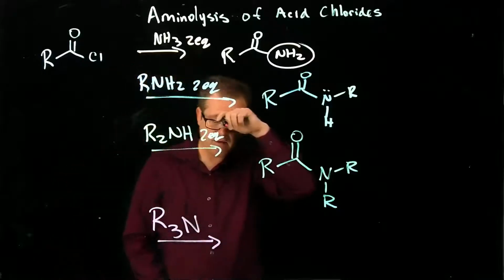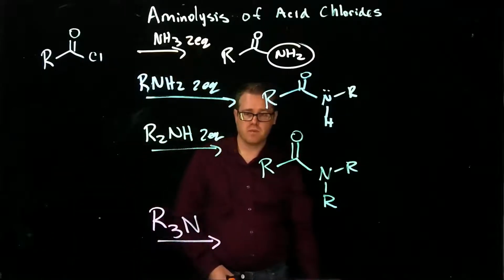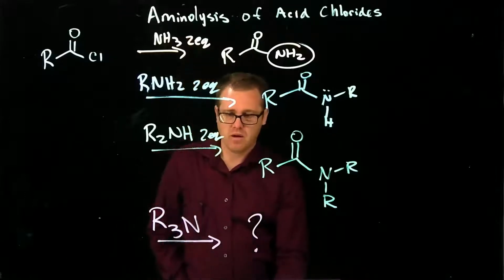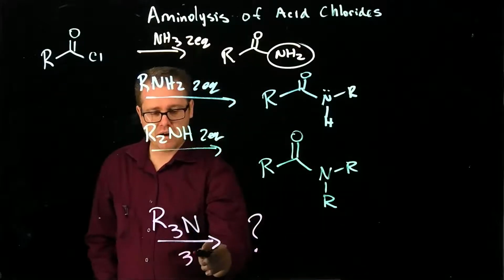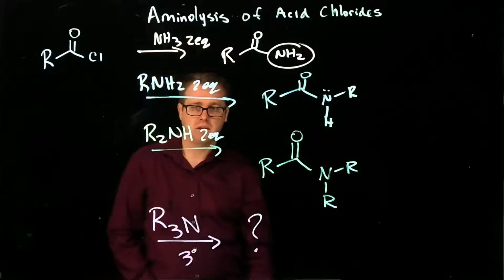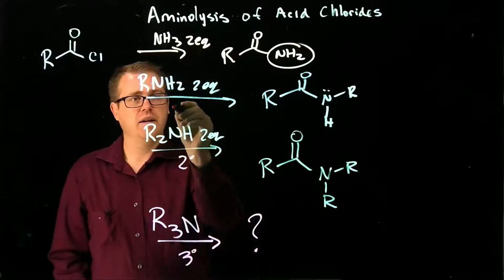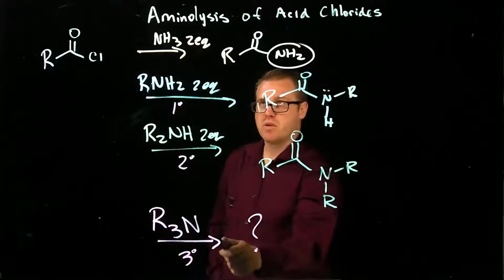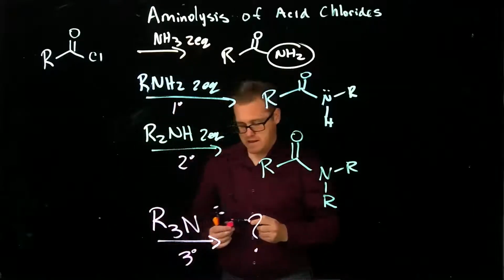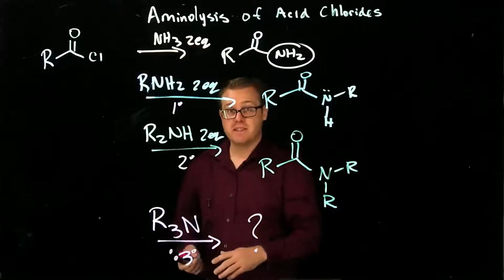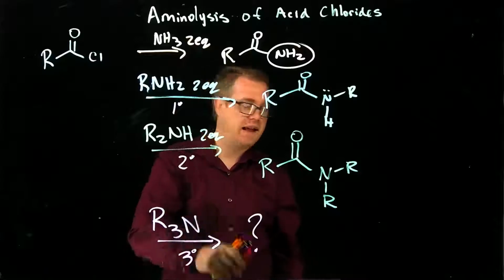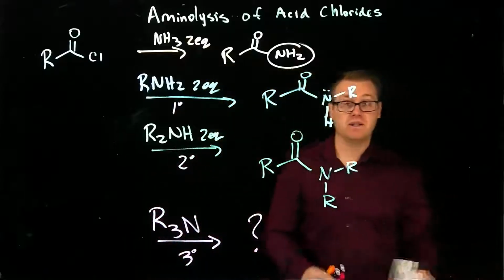Do you think that would work? Would we get a compound when we have a tertiary amine? Here we have a secondary and a primary. Do tertiary amines work? Now, I would suggest that you pause the video and do the mechanism and see if you can answer your own question.